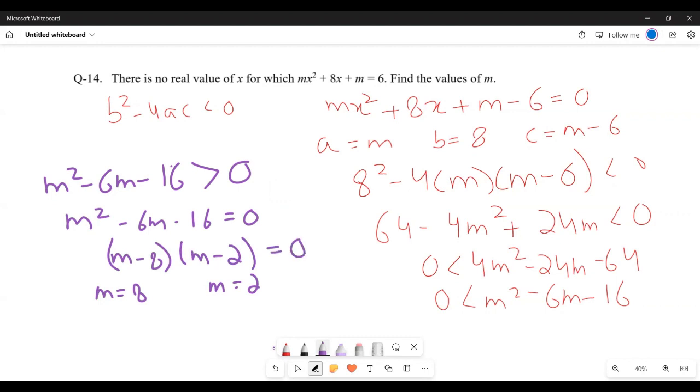I'm sorry, this is plus and this is minus. Now, since it is greater than 0, I hope you know what the final answers are. So how do we write m equals 8 as an inequality and m equals minus 2 as an inequality?